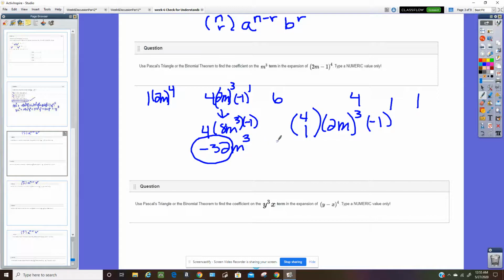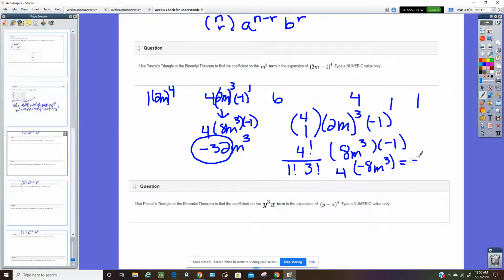So I should get the same answer. 4 choose 1 is 4 factorial over 1 factorial times 3 factorial, and 2m to the third power is 8m cubed times negative 1 would be negative 8m cubed, and then 4 factorial over 3 factorial is just 4. So 4 times negative 8m cubed is negative 32m cubed.